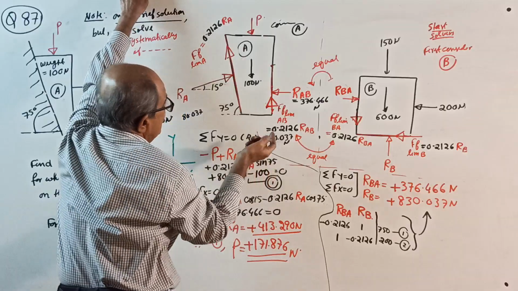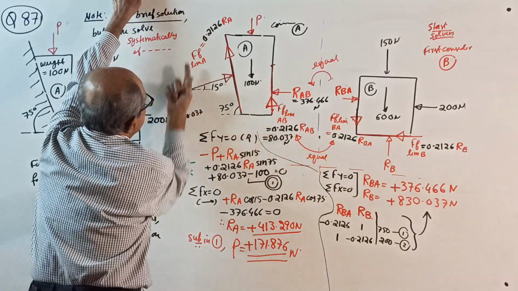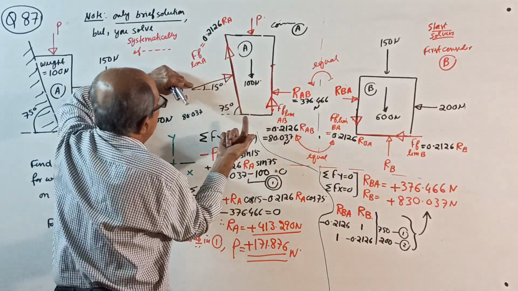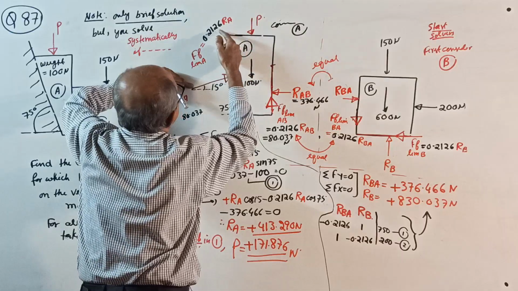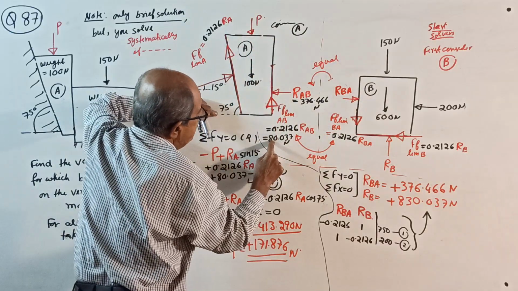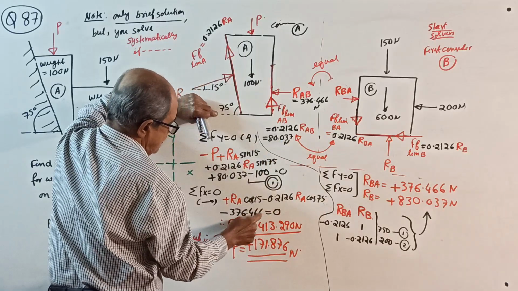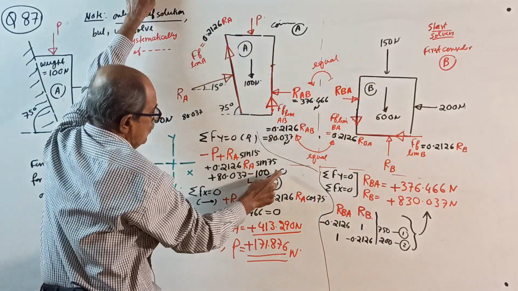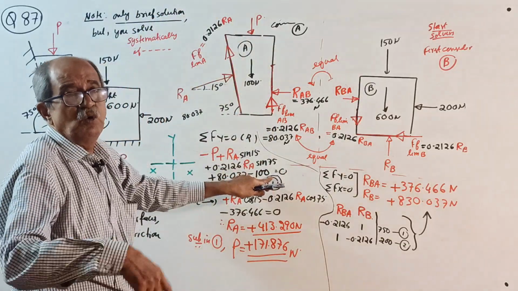Minus P, then plus RA sin 15. This time I am not showing the arrow mark here. Plus 0.2126 RA sin 75 plus 80.037 minus 100 equal to 0. Equation number double round 1. Why?